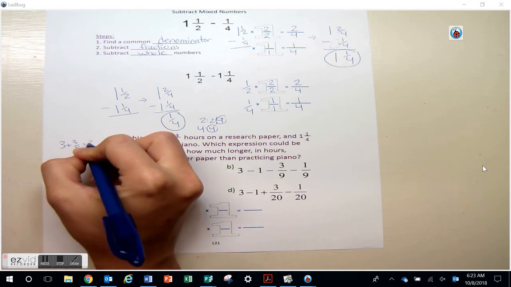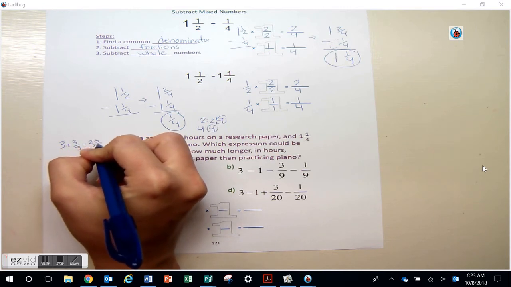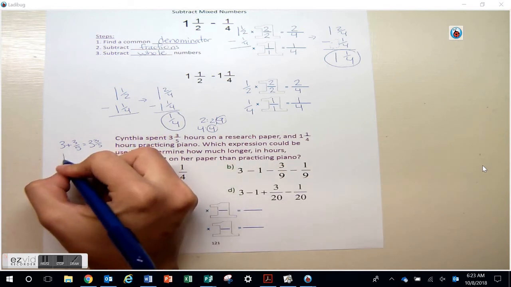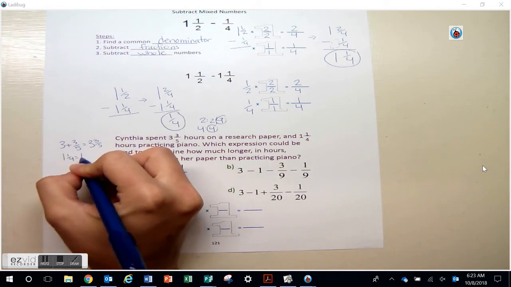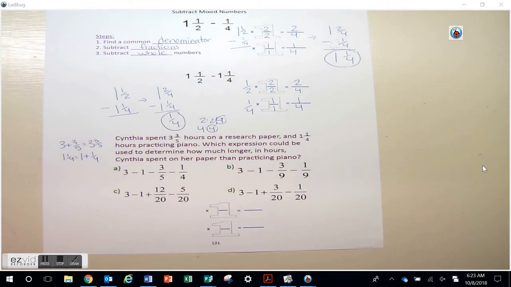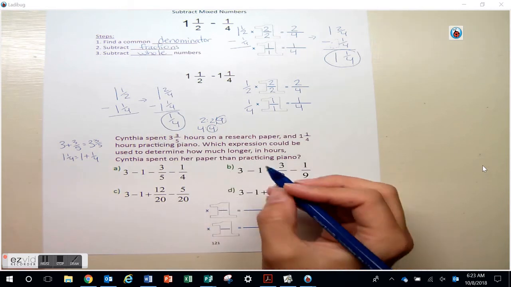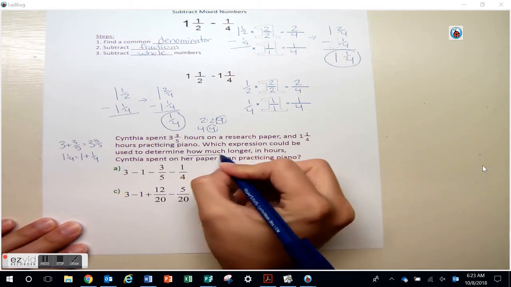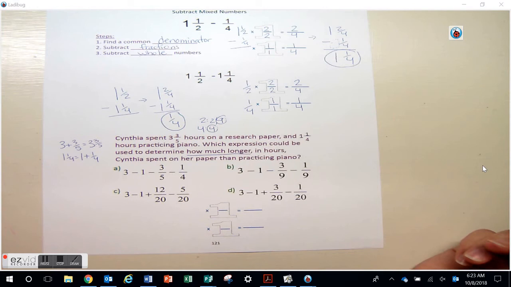To make 1 1/4, I can add 1 plus 1/4. However, it says how much longer. So this is in fact a subtraction problem. So it gets really, really difficult.